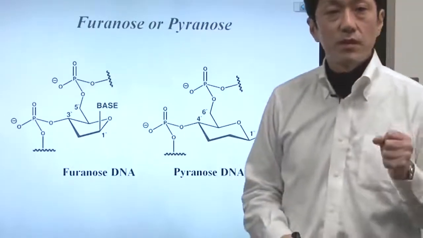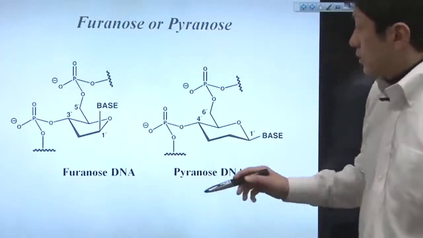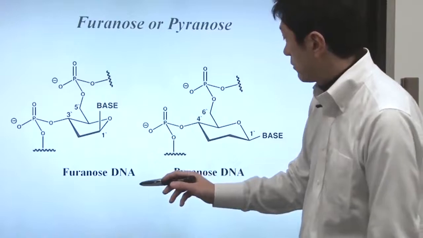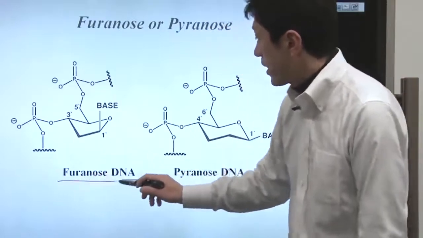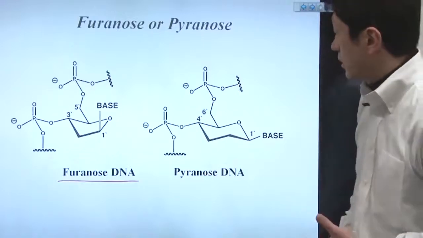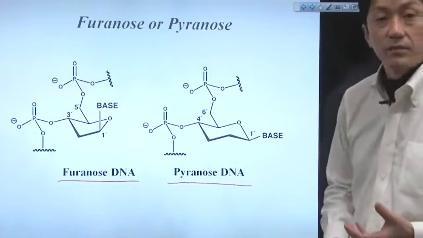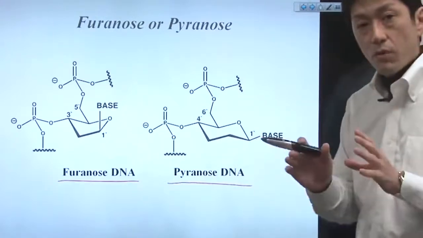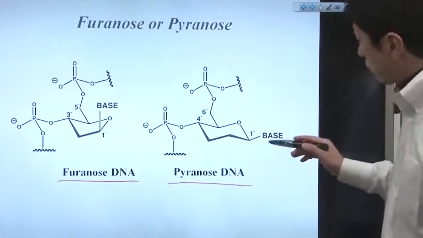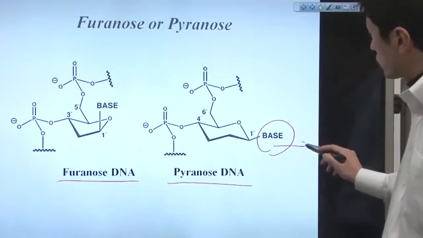People actually synthesized both to see what happens. This is the furanose DNA, the natural DNA. And this is pyranose DNA, 6-member linked DNA. People compared these two and found that with this structure, the DNA base is facing this way.